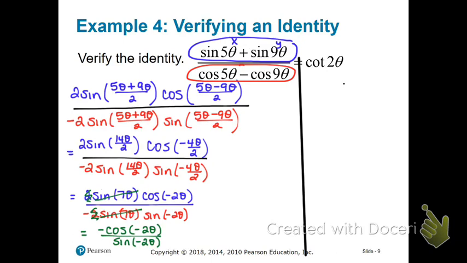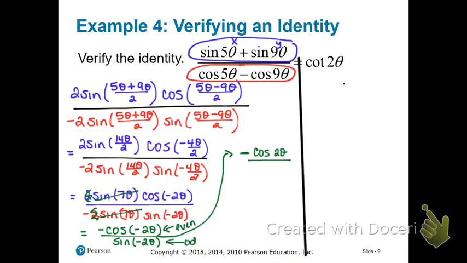And let's do them individually. So we know that cosine, well, we know the whole thing is going to be negative, correct? So let me go ahead and let's do this. So we know it's going to be a negative. Cosine is even, which means cosine of negative 2 theta is the same as cosine of positive 2 theta, correct? Over. But sine is odd.